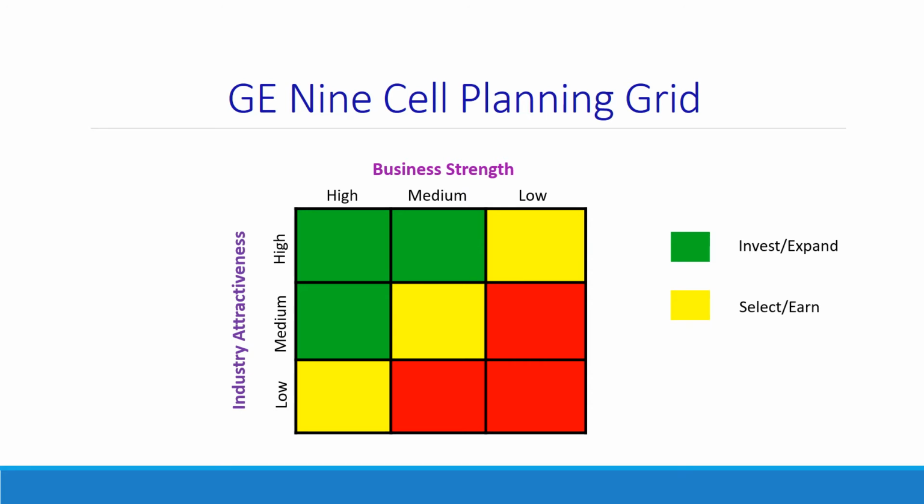The next is the yellow group, that is select or earn. It represents a mixed situation and hence presents the opportunity for selective earning. It shows that either business strength or industry attractiveness is high, or both stand in the middle.